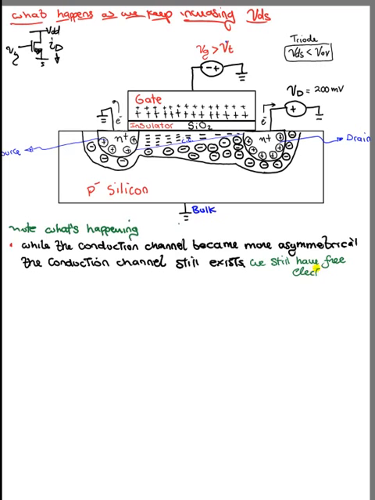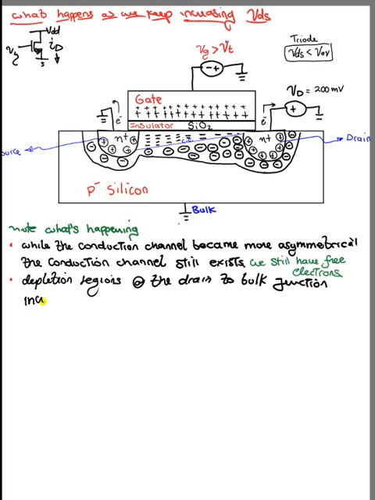Okay, second thing that we see is that the depletion regions of the drain to bulk junctions increased in size, as expected.